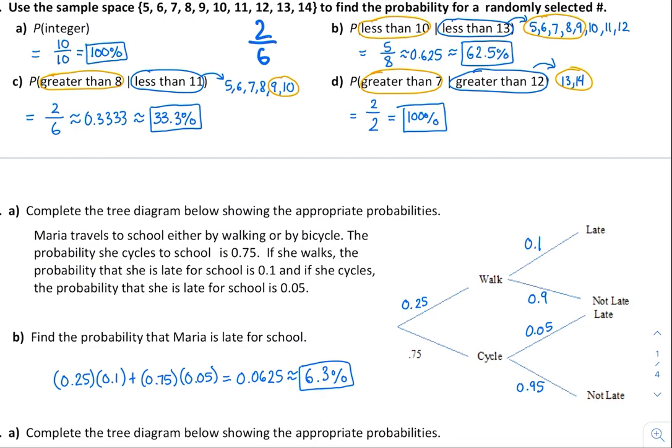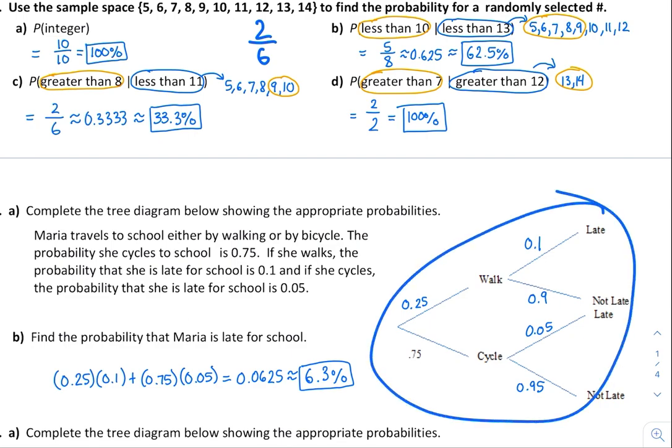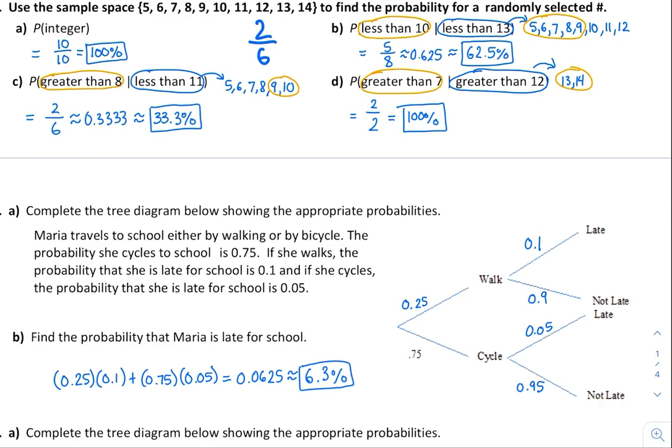When you first look at it, it's like, oh my gosh, there are too many words and I don't even know what they're talking about. So what you should do is look at the tree diagram, and from your tree diagram, you should be able to mark down what each decimal goes where. In this first part, notice how it says she cycles to school and it's 0.75.